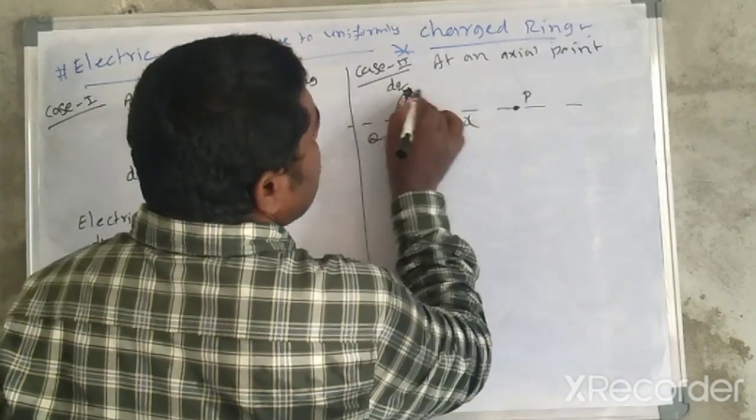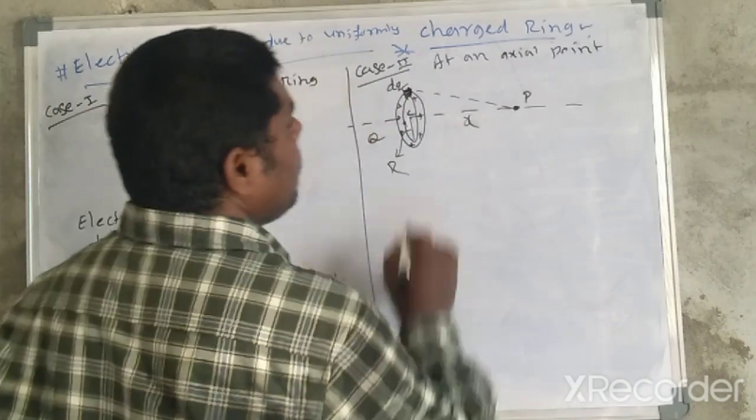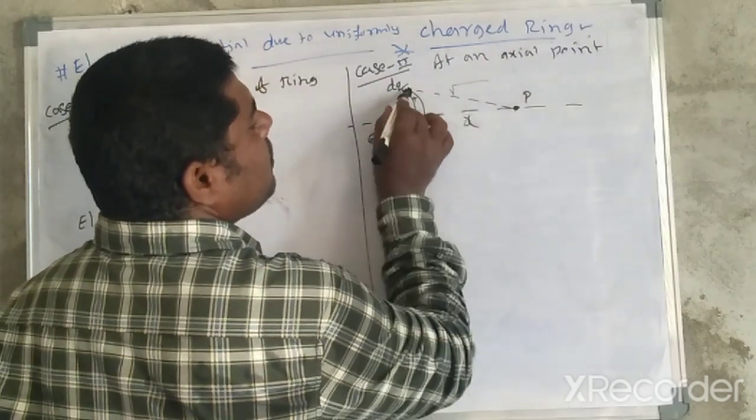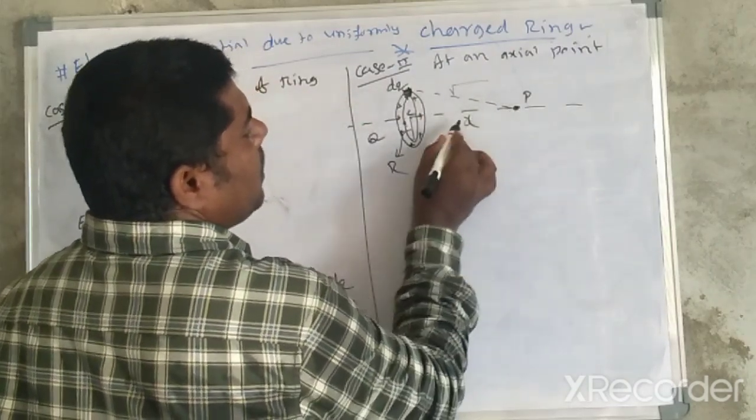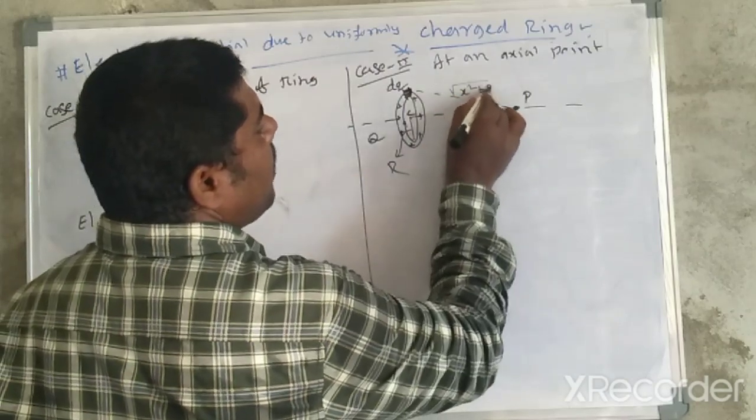Now draw this line. This looks like a triangle. The distance from this point to this point is under root of x square plus capital R square.